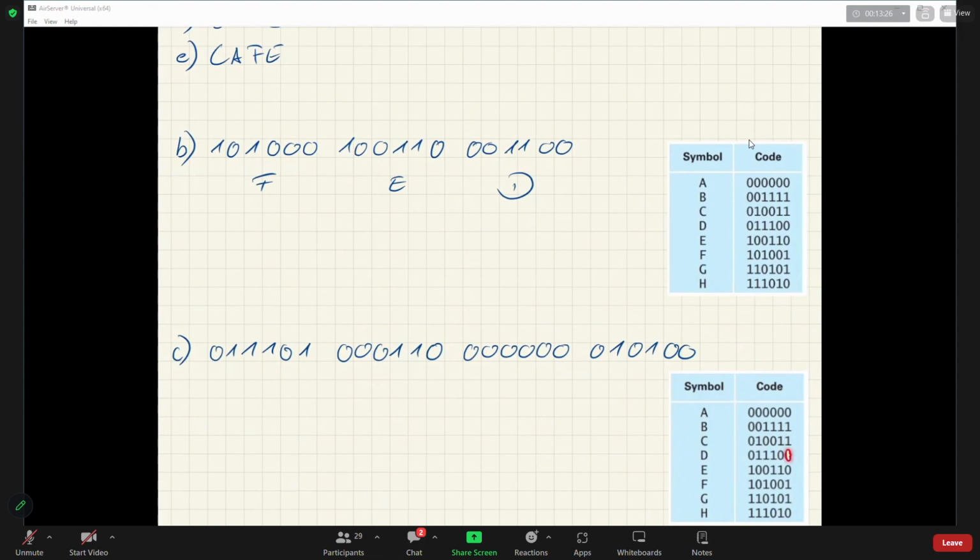Compared to E, the Hamming distance is 5. Compared to F, it is 4. Compared to G, the Hamming distance is 2. And compared to H, the Hamming distance is 4. So the shortest Hamming distance that we have is the one with D, because here the Hamming distance is 1.